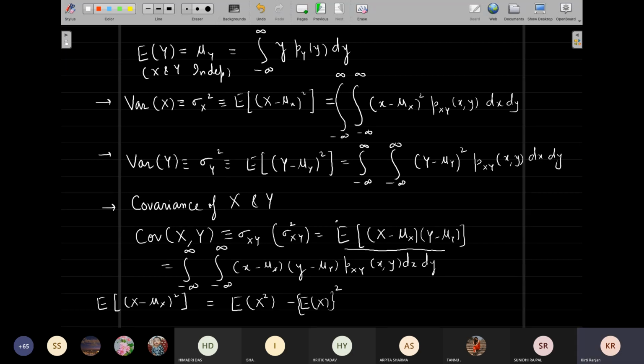Try to expand the covariance XY definition and try to write it in terms of something like what we wrote here, expectation X square minus expectation X whole square. So expand the term by multiplying, and then of course simplify it in terms of the expectation value. So sigma xy then becomes what?